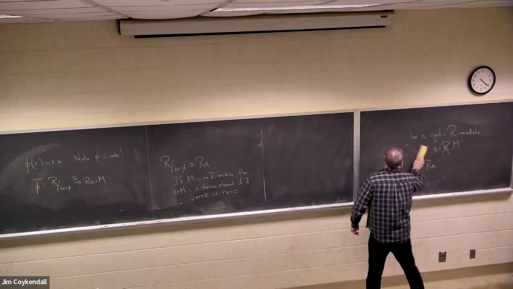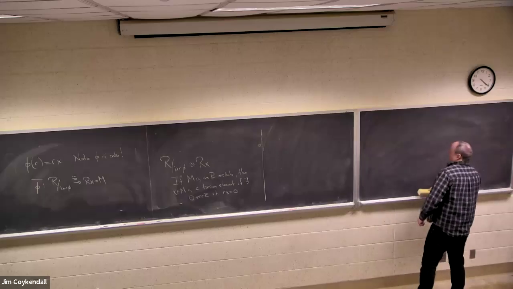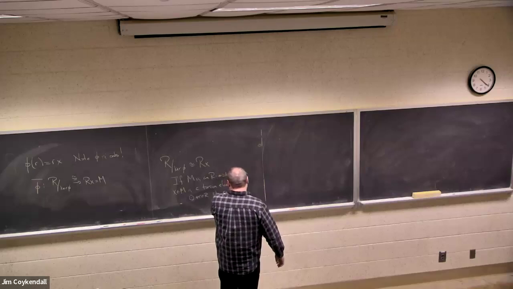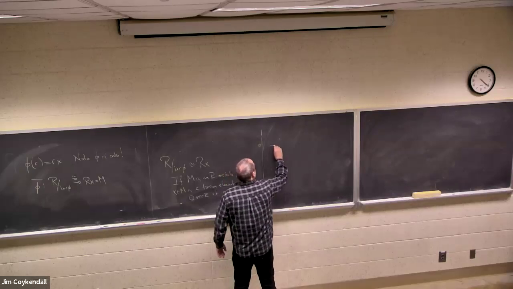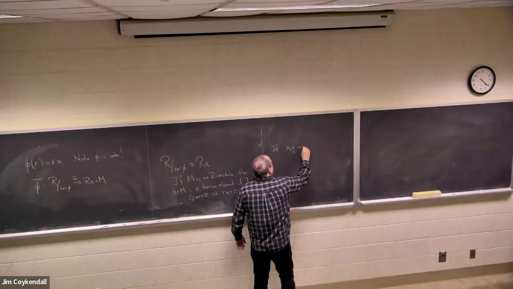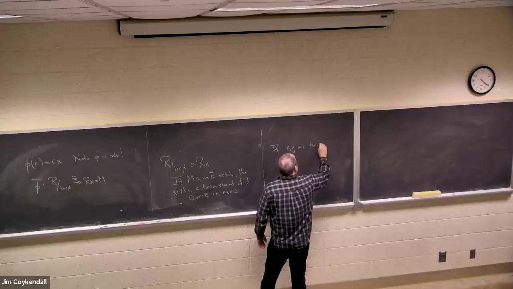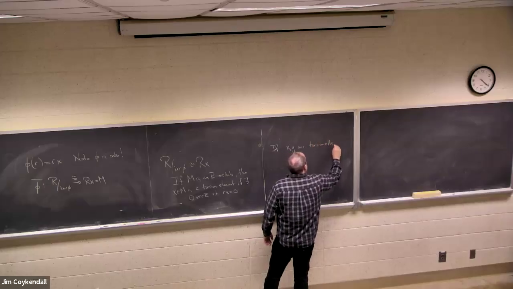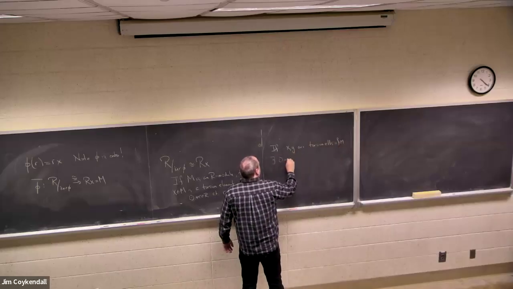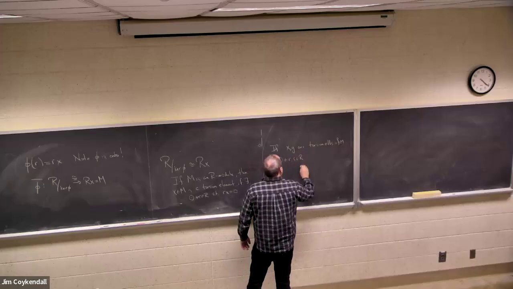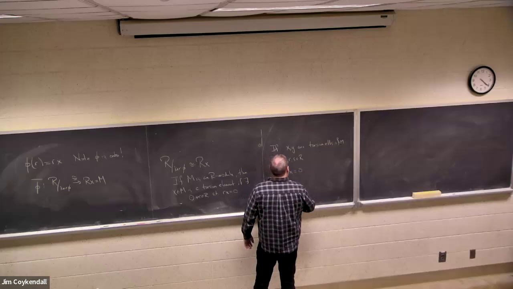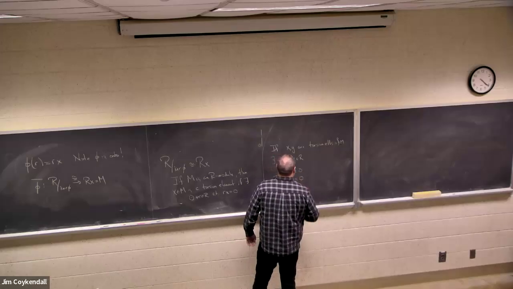And notice this is kind of interesting. If you have x and y torsion, then there exist non-zero r and s in R with r x equals 0 and s y equals 0.